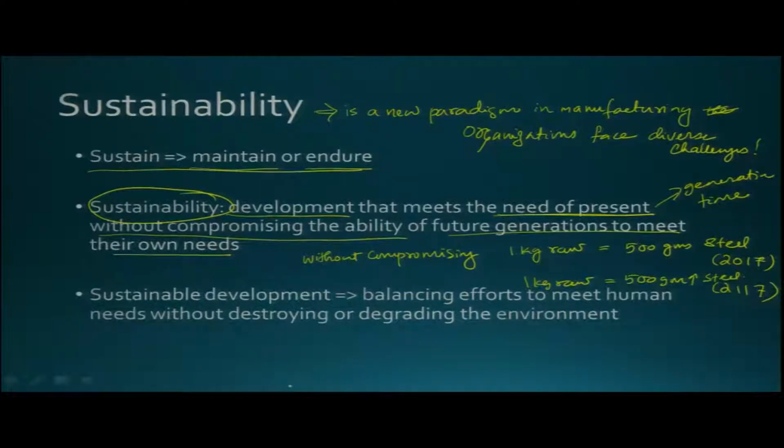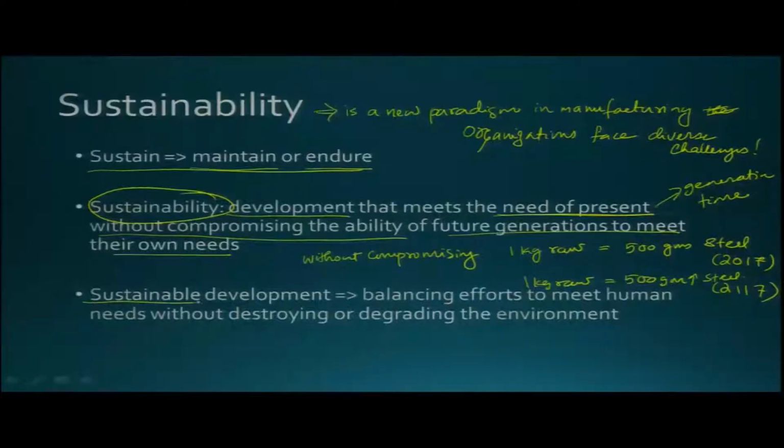If we talk about sustainability in manufacturing, we can change the definition: it is the ability of the present to produce whatever they want to meet the demand, without compromising the capability of the future generation to produce whatever they want to meet their demands.